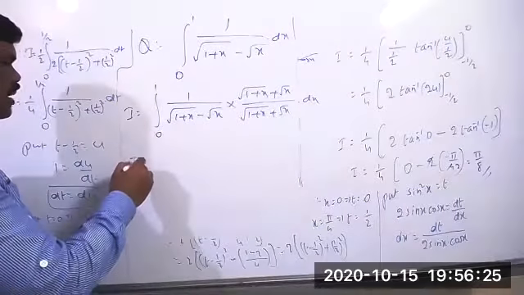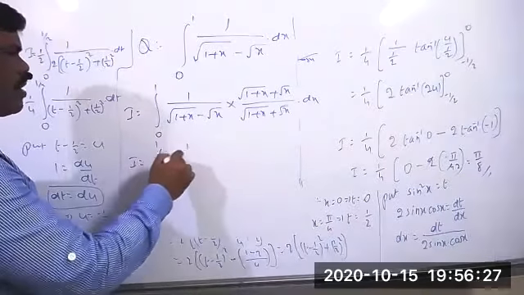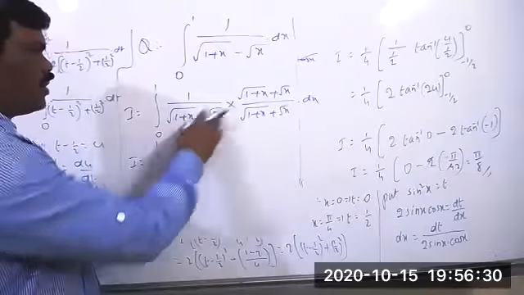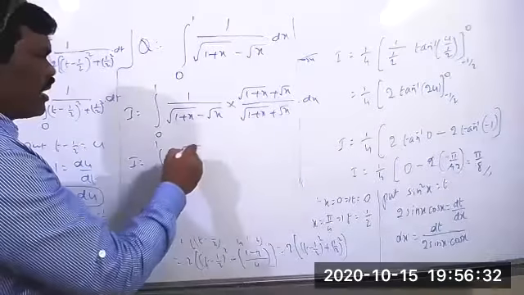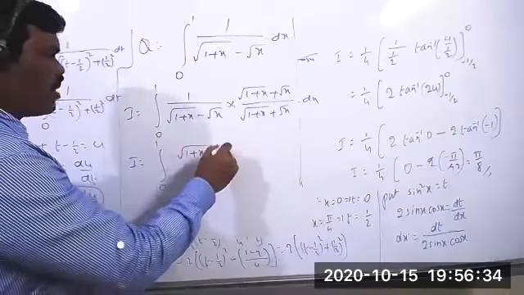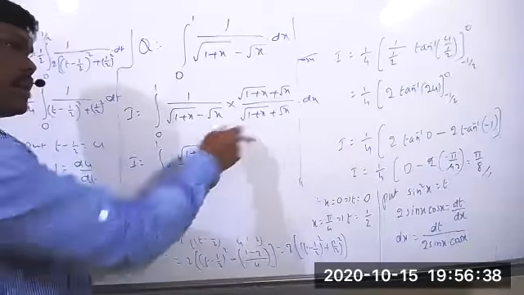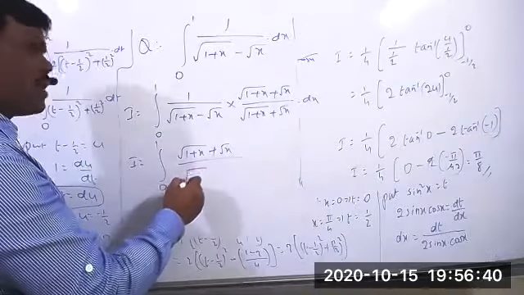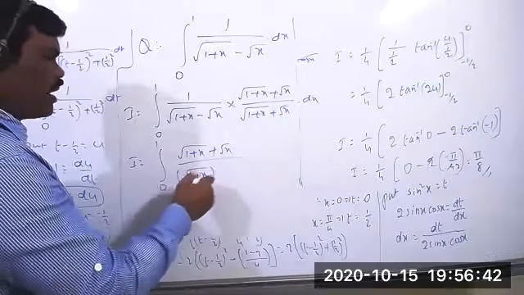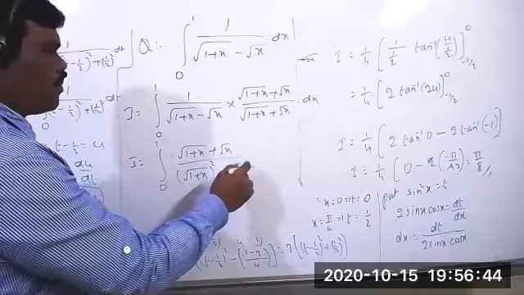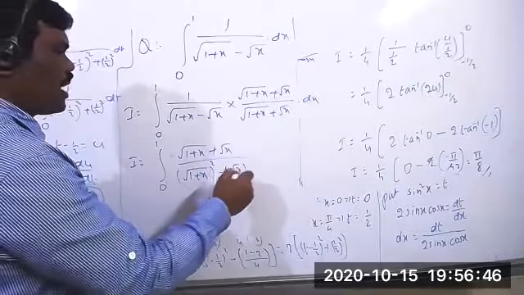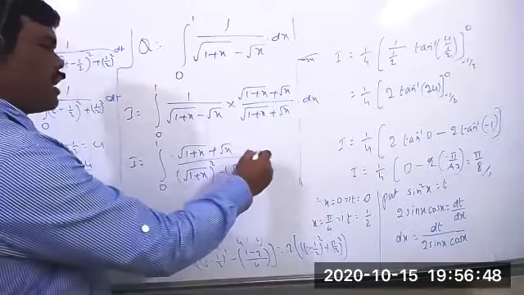Multiplying, the numerator becomes root of 1 plus x plus root of x, and the denominator, by a plus b into a minus b equals a square minus b square, becomes root of 1 plus x whole square minus root x whole square, dx.